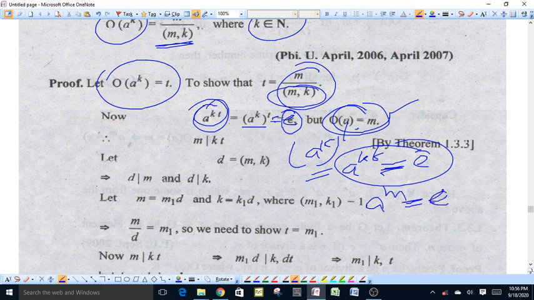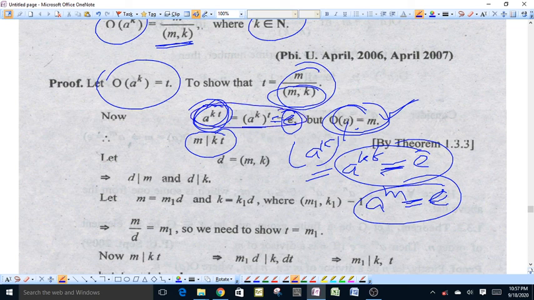This means m divides kt, because according to the definition of the order of a, m is the least positive integer such that a raised to power m is equal to e, and a raised to power kt, with kt greater than m, is equal to e. This means m divides kt.